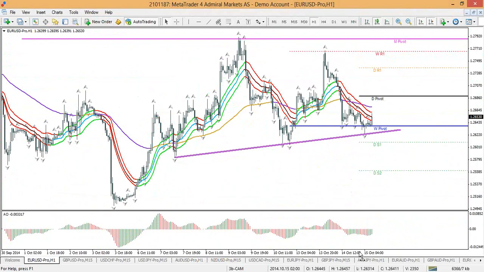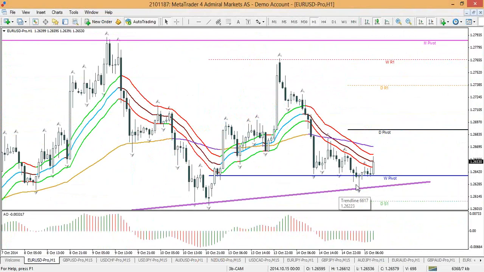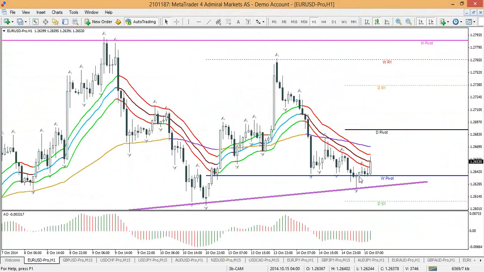The last strategy is candlesticks, price action at pivot points, and 2, 3, 5 hours ago we had a bullish pin bar at the weekly pivot. So that would have been a signal for a long if, once again, you were trading the Asian session.